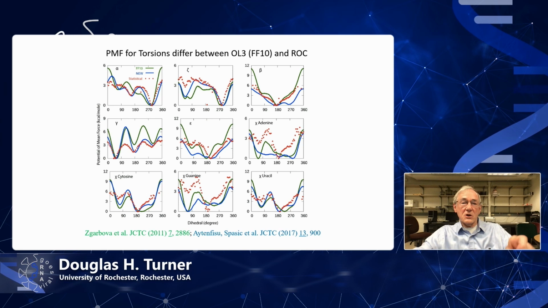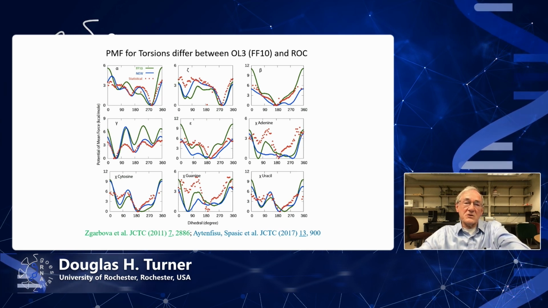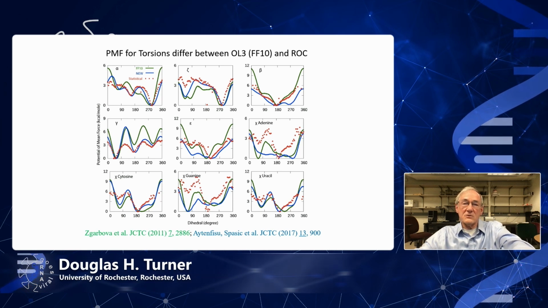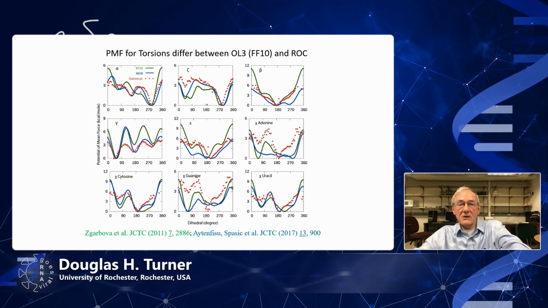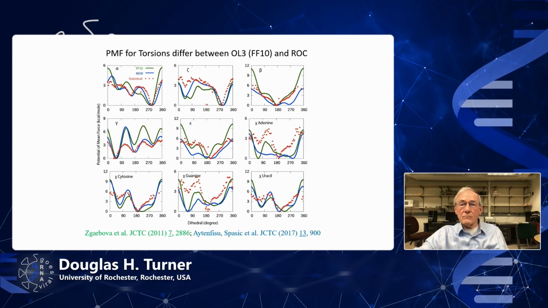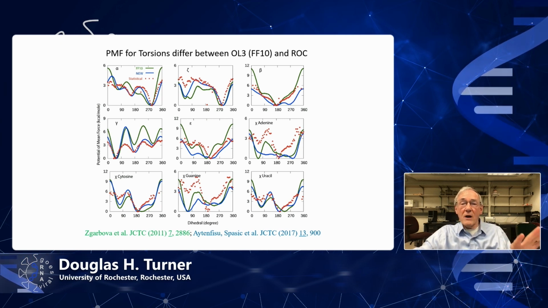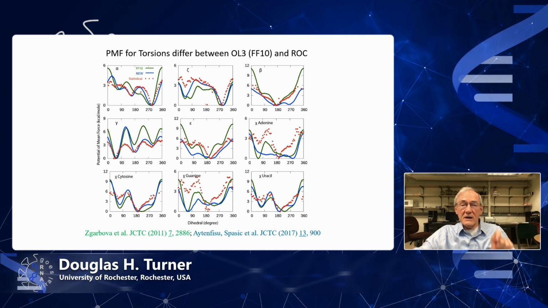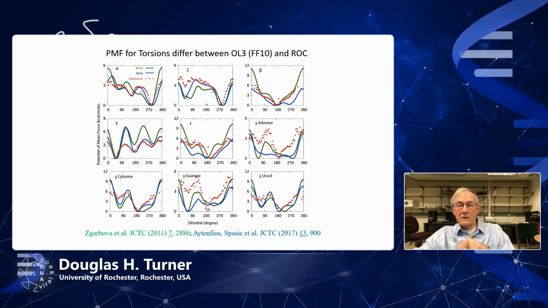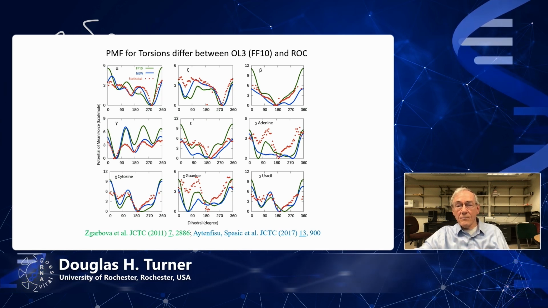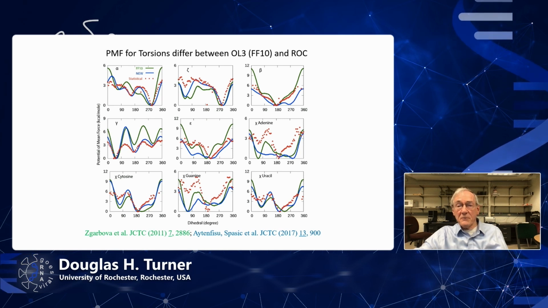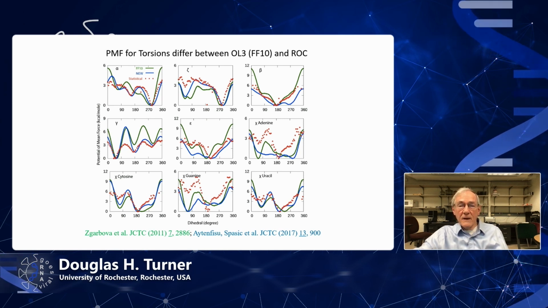And so what this shows is what's called potential of mean force, which is essentially thermodynamic parameters like a free energy, versus angle of a torsion. And this is all from quantum mechanical studies, except for what's shown in red here. So the red curves are from the database, from the PDB database.